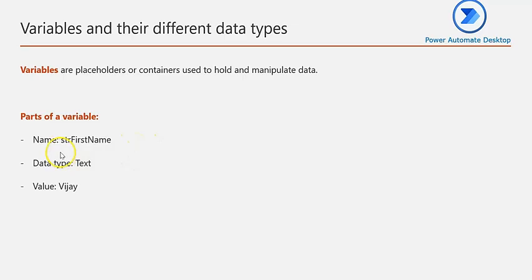A general naming convention is prefixing it with a type. For example, if it's a string or a text, I can put a str prefix in small case, then in camel case, FirstName, where F and N are capital. You can follow any naming convention, Pascal convention or Microsoft naming convention. There are multiple types of naming conventions. If you simply do a web search, you'll find out.